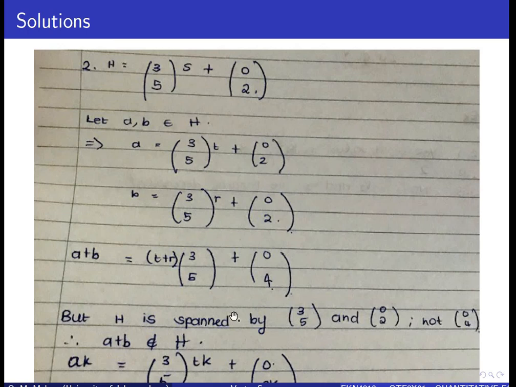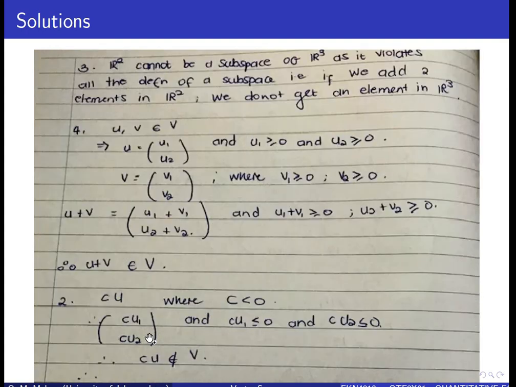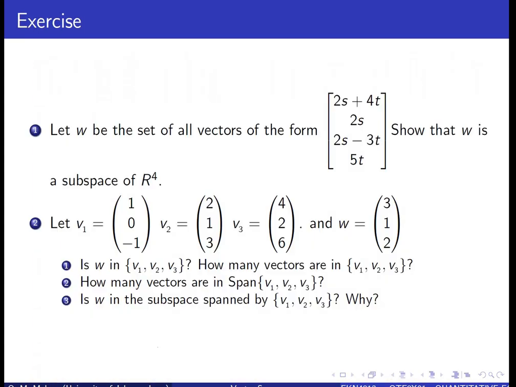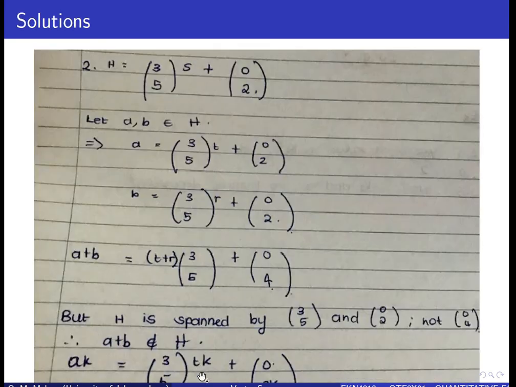And then if I take a scalar multiplication of any element, my text got cut here, but I'll explain what's in the second component. So if I take a scalar multiplication of any element in H, let's say Ak, I know that A is in H, which means A is defined as such.